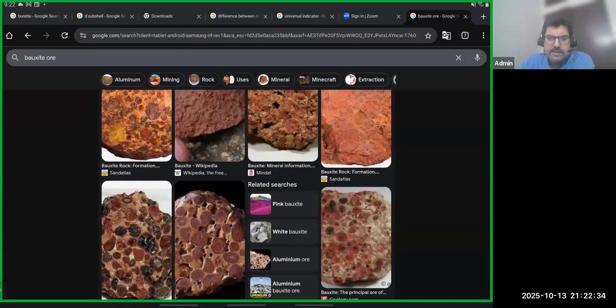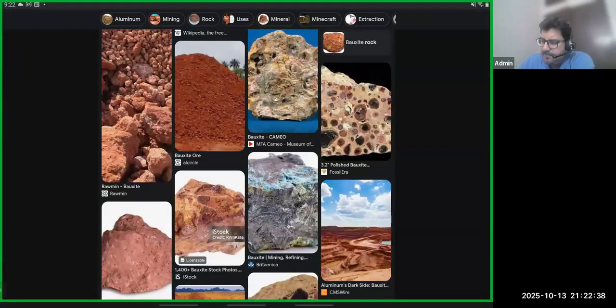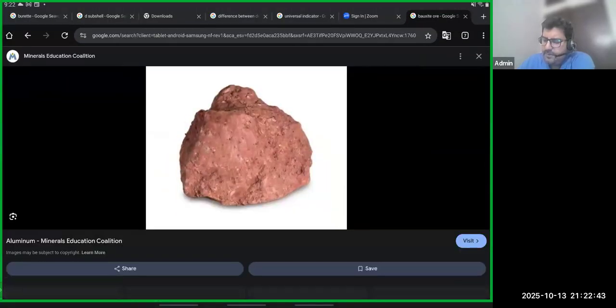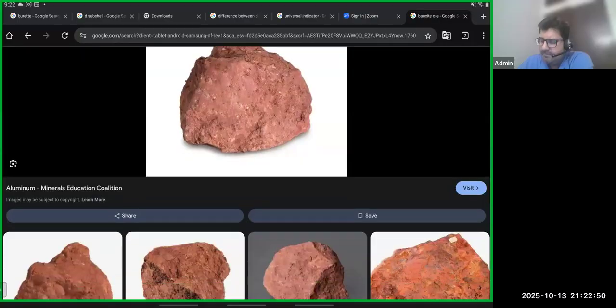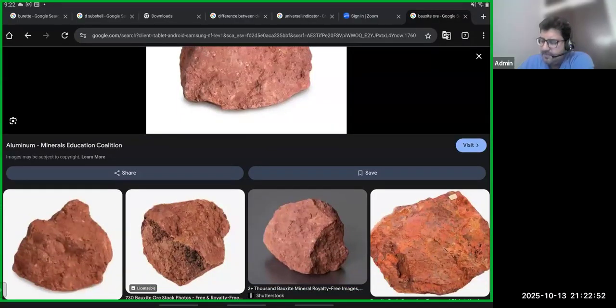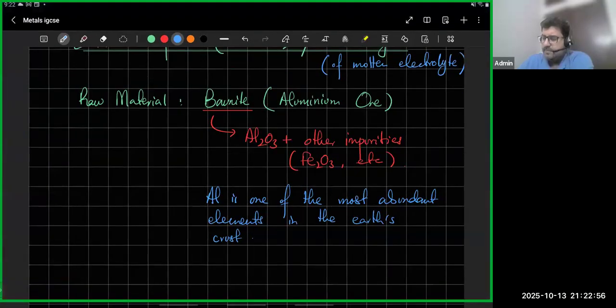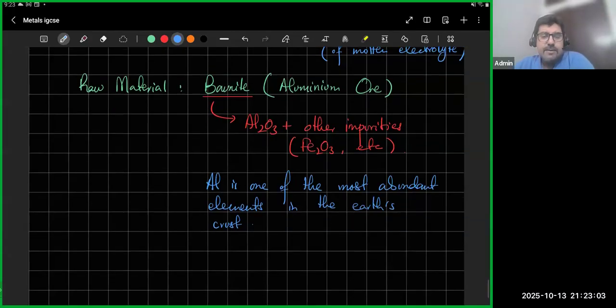People use it on their feet, and even on their hands, like scrubbing your hands. But anyways, bauxite is the ore.